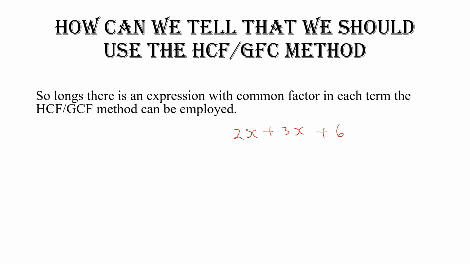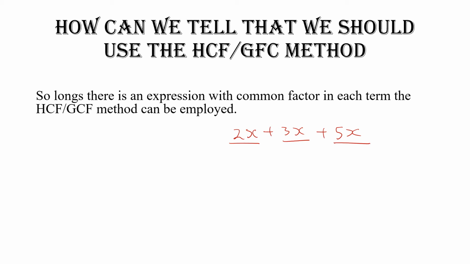Now let me just use 6 because 6 will incorporate the 2. You see 5x. If you are asked to factorize this, this is what I'm saying here. So long as there is an expression with common factors in each term. This here is a term. This here is a term. This here is a term. So each one here is a term.